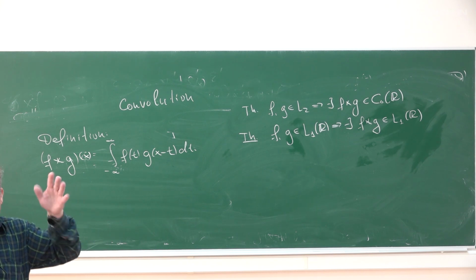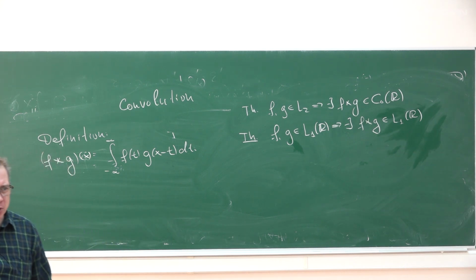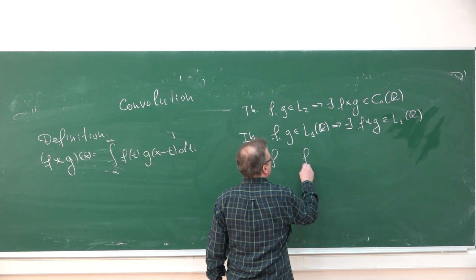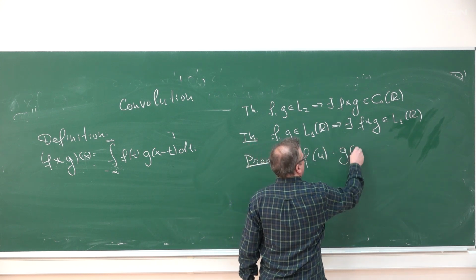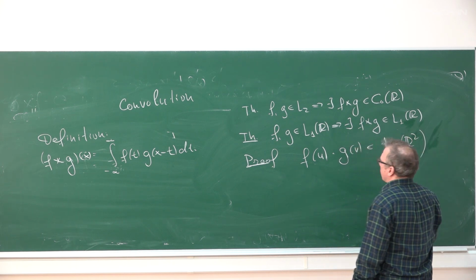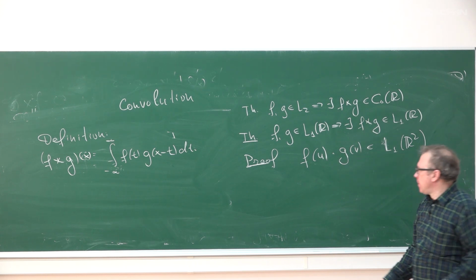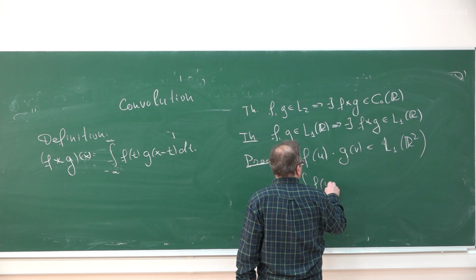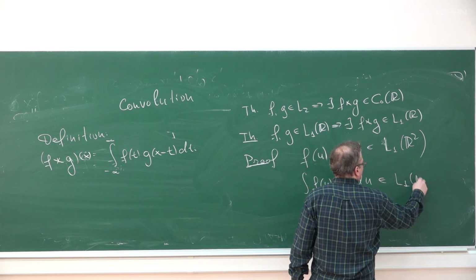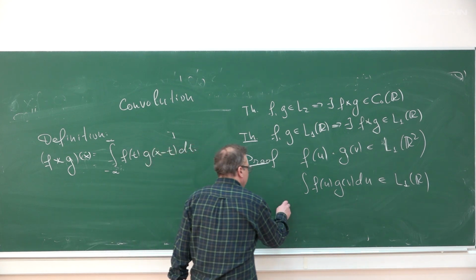Yes, we just prove it. But associativity is very easy because it's the Fubini theorem, just changing variables. Why this? Is it obvious? Yes? But then the integral, it is obvious too, and change variables.